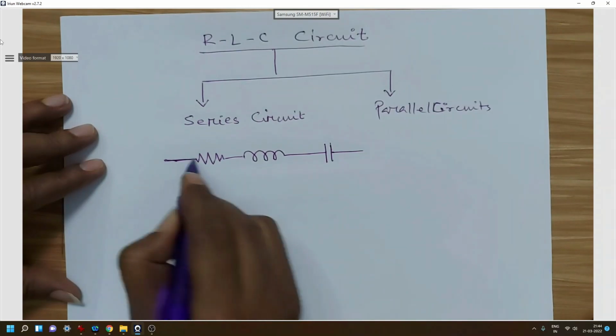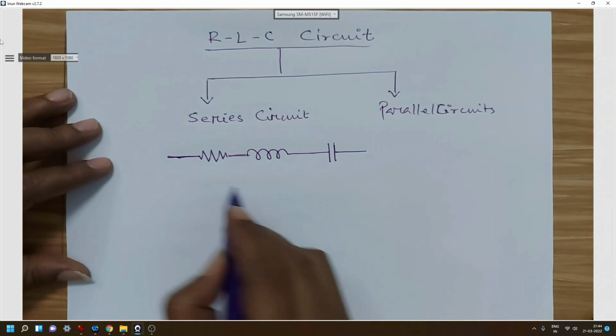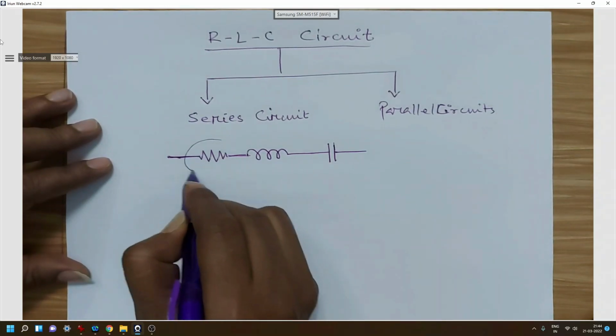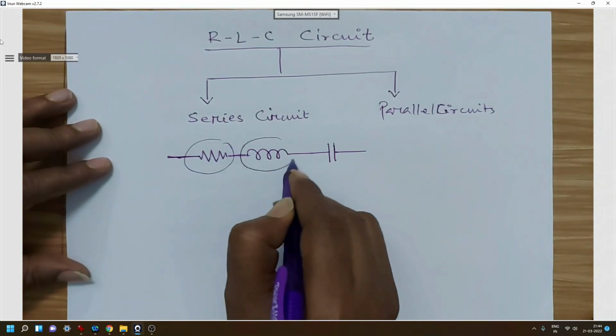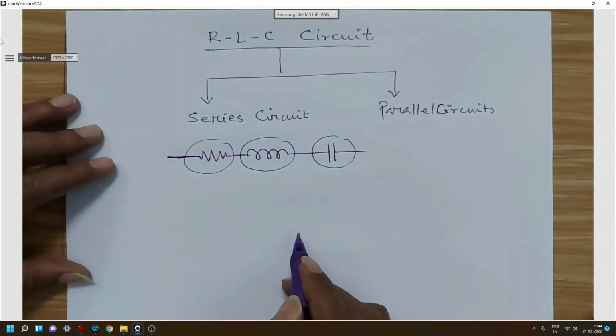Now if we want to make this type of circuit, definitely we will not get any such symbols in our laboratory. We will have some circuit boards like breadboards or PCBs.